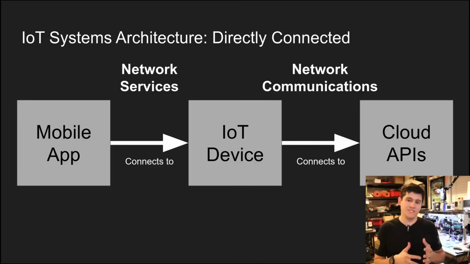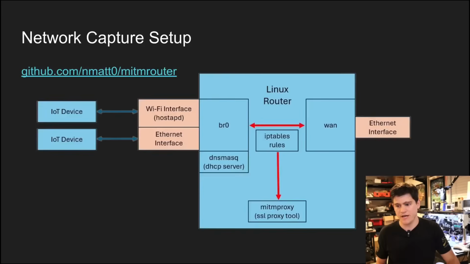Whereas when the IoT device acts as a client and makes an outbound connection to some server, whether that's a server on a local network or a cloud server, some backend API system, those are network communications. And that's what we're going to target in this video: those network communications when our IoT device reaches out to its cloud servers. And there's a bunch of little nuances and vulnerabilities that can come into play here.